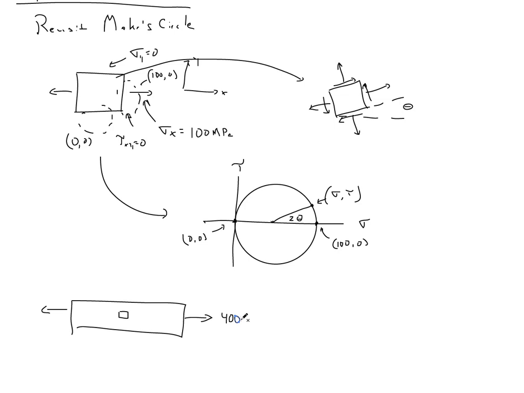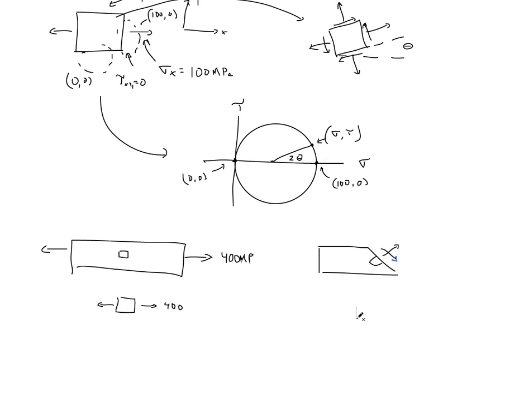We had 400 megapascals and 0, so this element looks like this, 400, and then it ends up failing at some angle here, and if we look at the element, we solved for this stress and this stress, but if we come down to this particular element, yes, you have your failure plane and some shear stress on that failure plane as well. But the thing that happens here is that this element right here is not equal to 0 anymore.